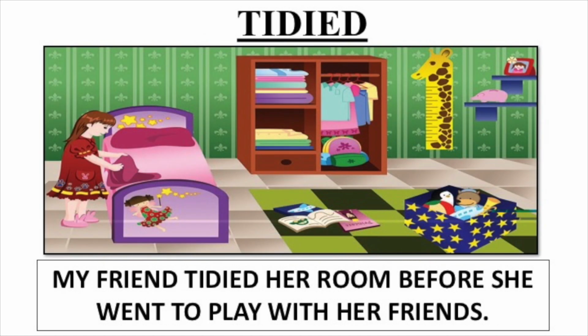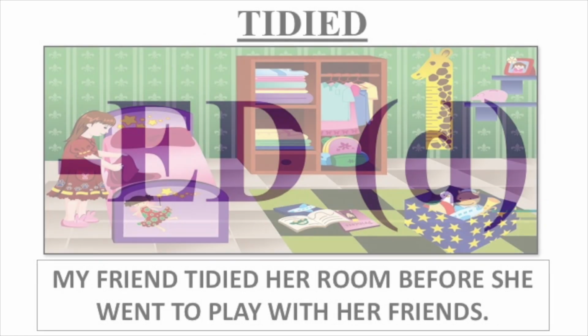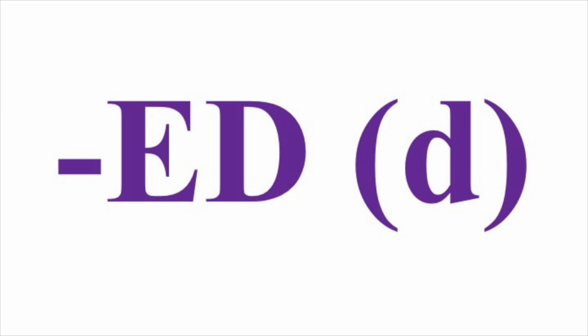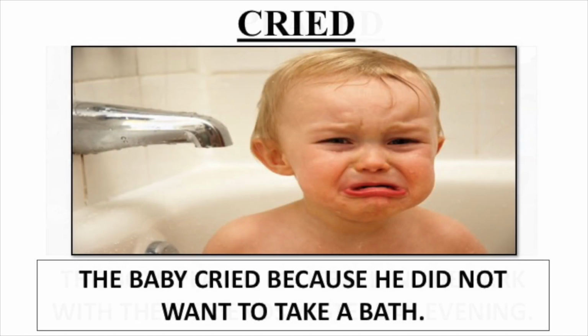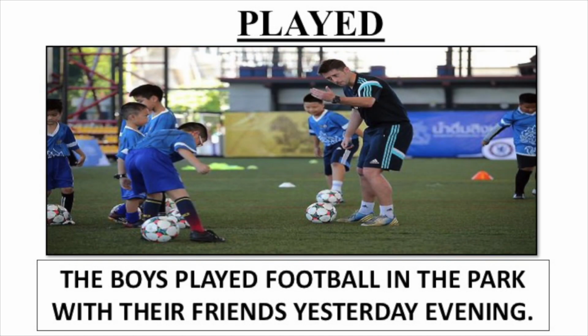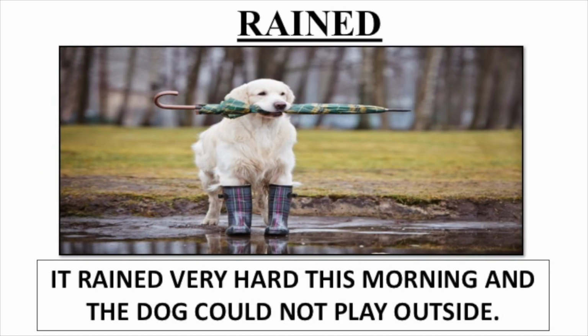Tidied. And finally, ED as just D. Cried. Played. Rained. So you see, the same spelling with the three different pronunciations. Any questions? Okay, that was excellent, guys. Well done.